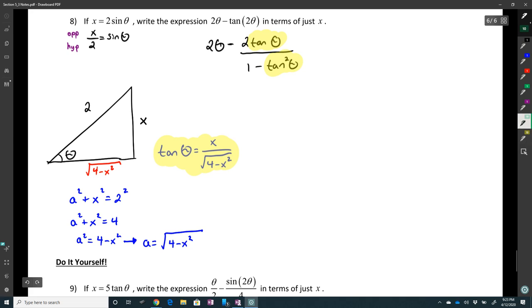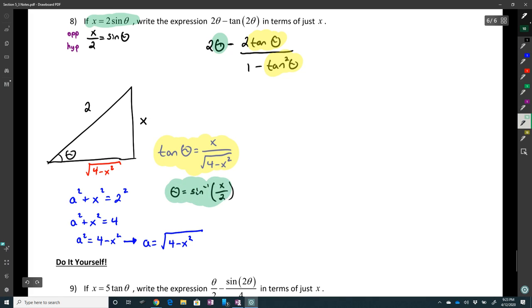Now the theta itself comes from doing the inverse of this guy. So the first thing we're going to do is tell ourselves, if sine theta, you know what, I'm just going to do it over here. So theta is equal to inverse sine of x over 2.